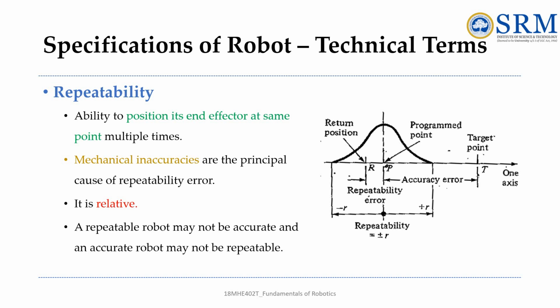So a robot can be good at hitting the same point repeatedly, that is repeatable, but doesn't necessarily mean it's always perfectly accurate. Mechanical quirks in the robots are usually what cause these slight variations in repeatability.